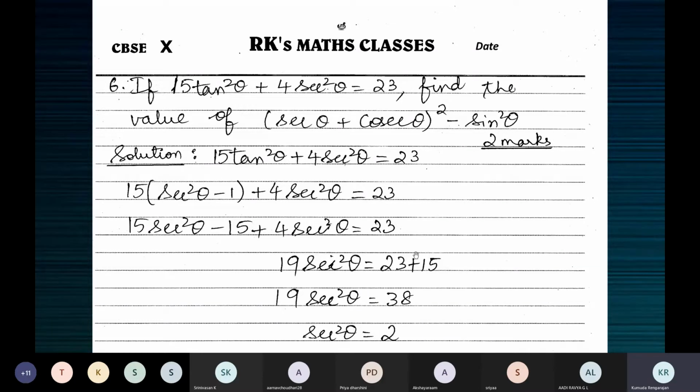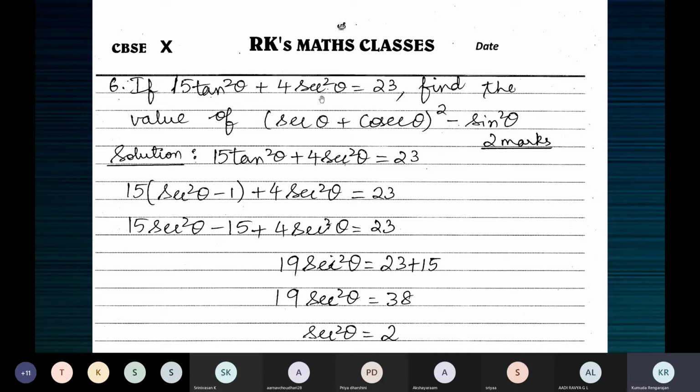Then you could use the right triangle and find the others. So with this given information, you should work towards finding the value of any one ratio. Let me find at least tan theta from this, or at least secant theta. With the help of that, I'll use a right triangle and find the other ratios. With that intention, you should start working.